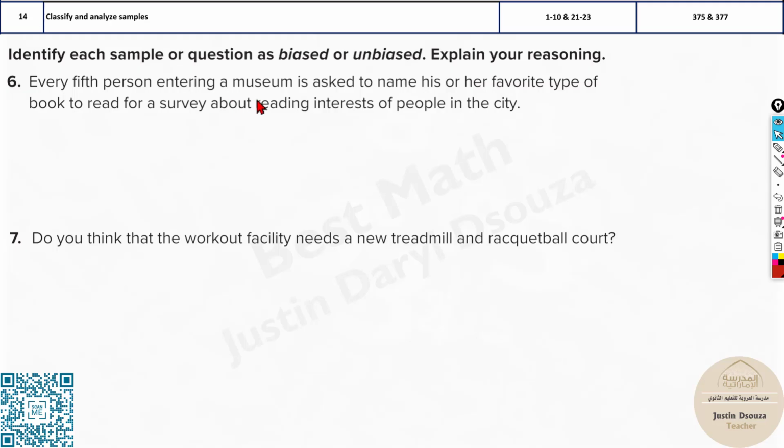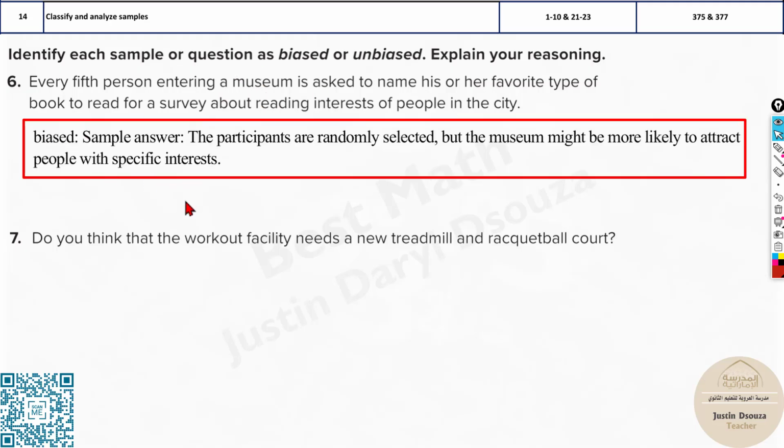So, generally the ones who go to museum will like to read a certain genre of books. So that will be biased because you're not going to say sports clubs or libraries and museums and stores and asking. You're just going to museum. Whereas, if you go to a comic book store, they might like other types of books. So you can't represent the entire population of the city by just going to museum. So therefore, this is biased because they're just going to museum.